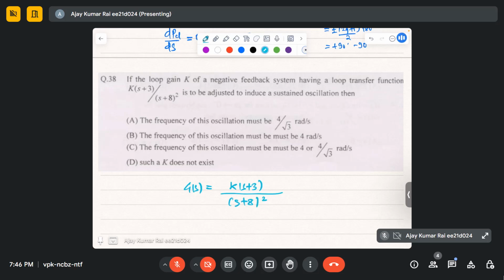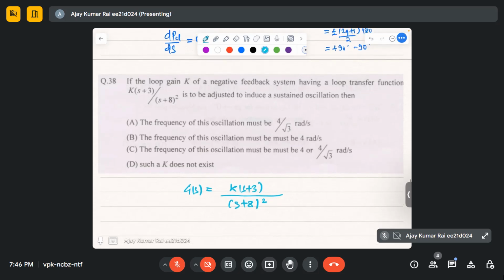So you know, for sustained oscillations, the real part should be equal to 0 and the roots should always lie on the imaginary axis.